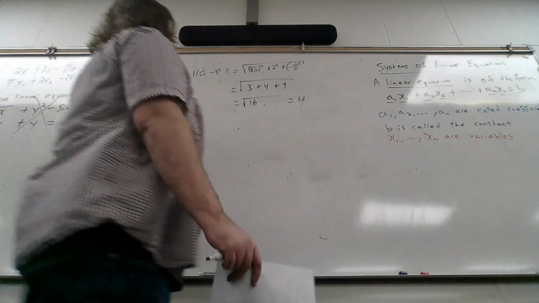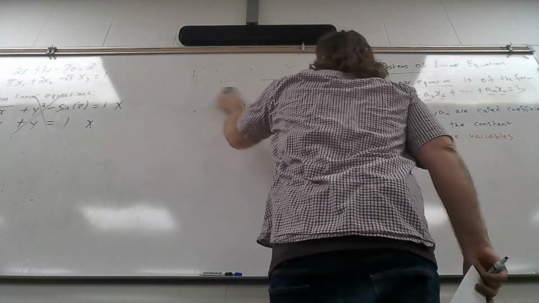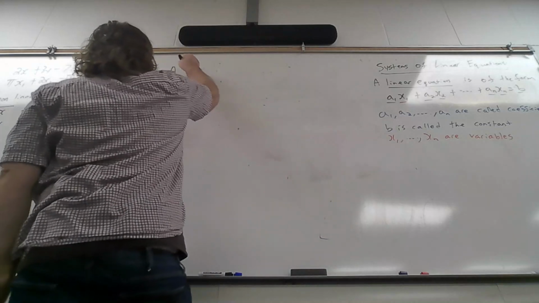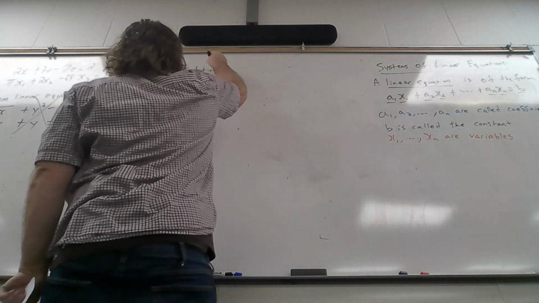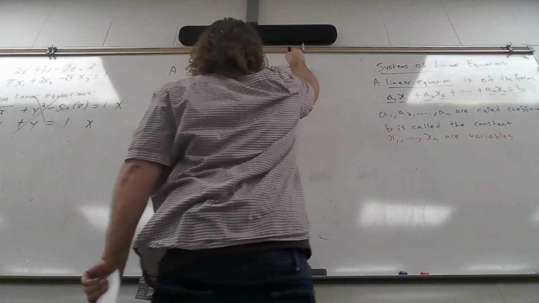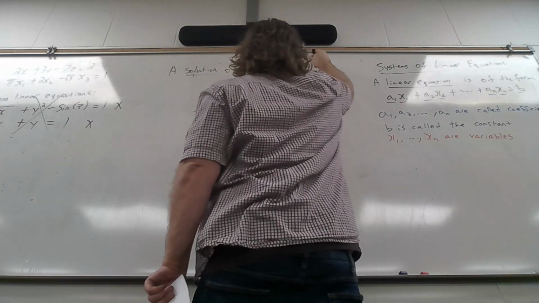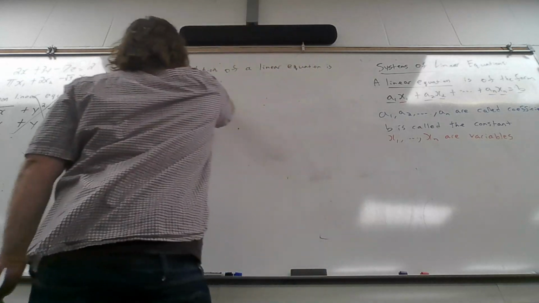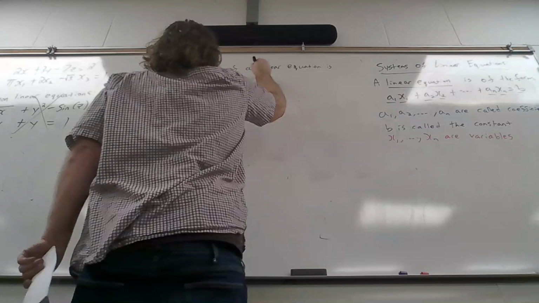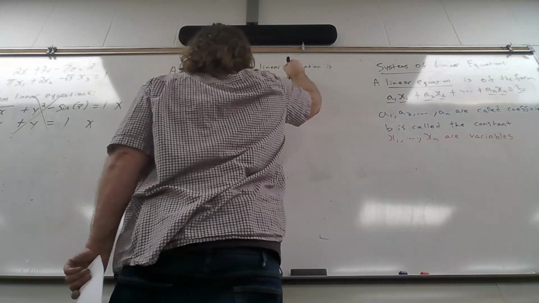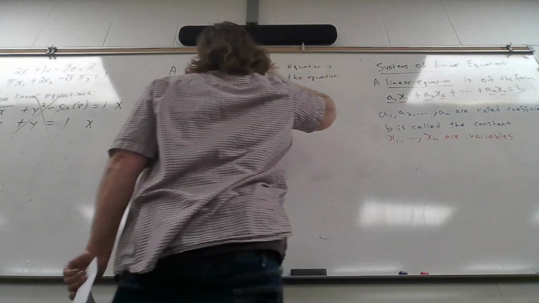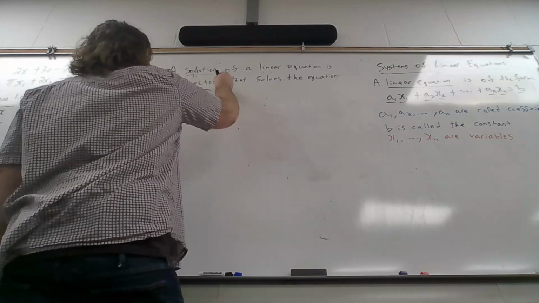So a solution of a linear equation is kind of exactly what you would think it to be: a vector that solves the equation. What I mean by that is you've got something that looks like this.